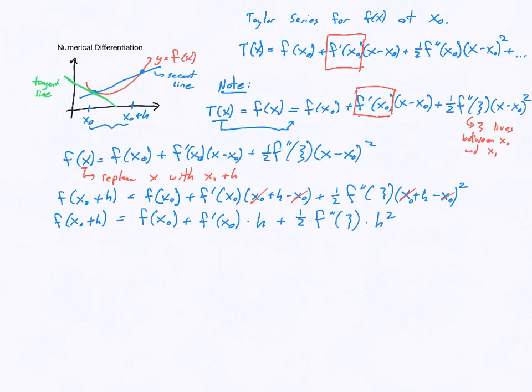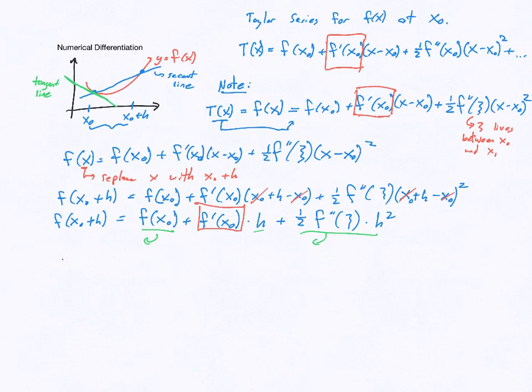All right, now if I want to solve for this, let's take a look to see how this happens. If I want to solve this, then I keep that on this side and I bring everything else to the other side. So I'm going to take this, bring that over. I'll take this, bring that over, and then I'll divide by h.